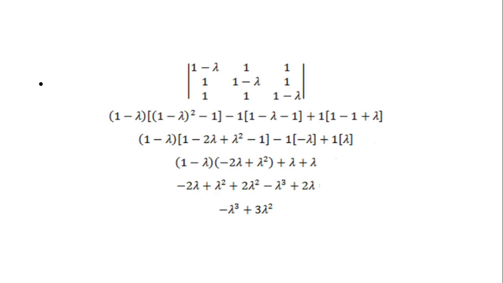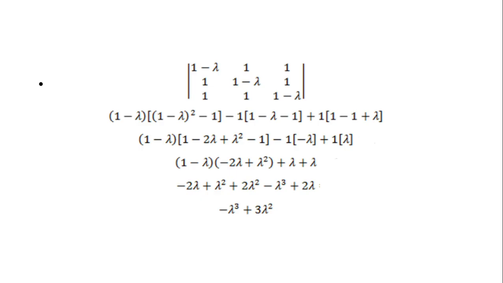Next, the second term we have to put in negative. So, minus 1. In the first row, the second value is 1. So, we write minus 1 into, striking out the first row and the second column, we get 1 into 1 minus lambda minus 1 into 1. So, we get minus 1.